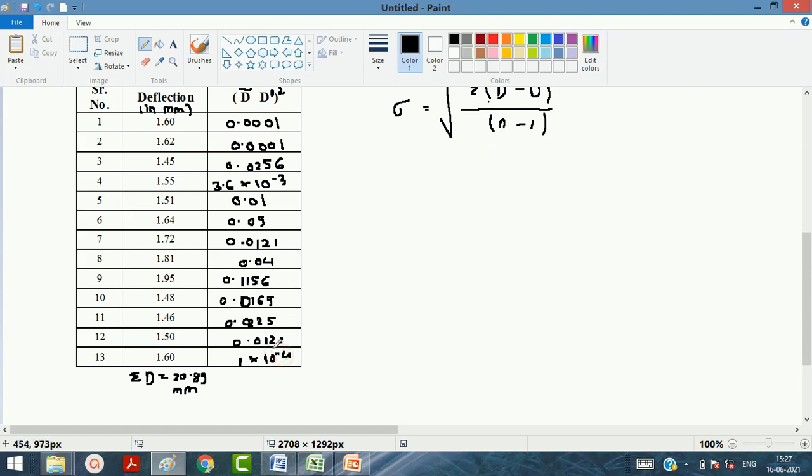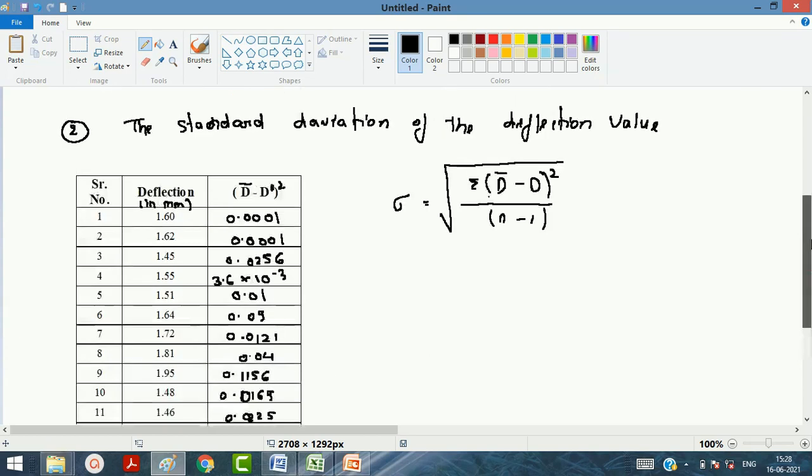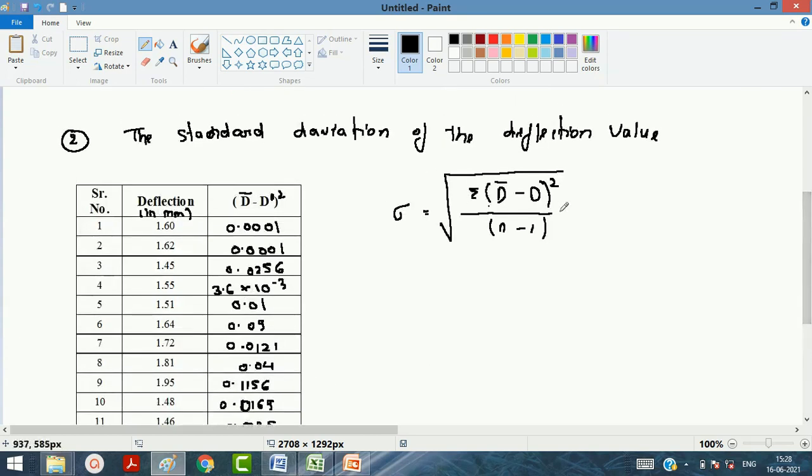Summing all these values, the summation of (d bar minus d) the whole square is equal to 0.26.